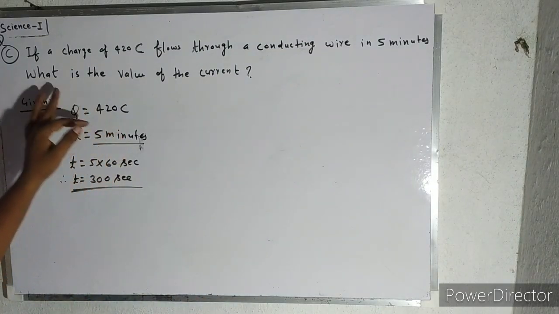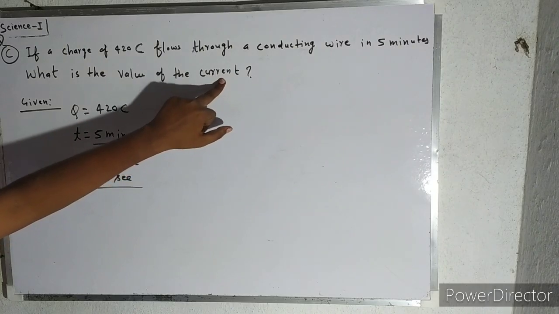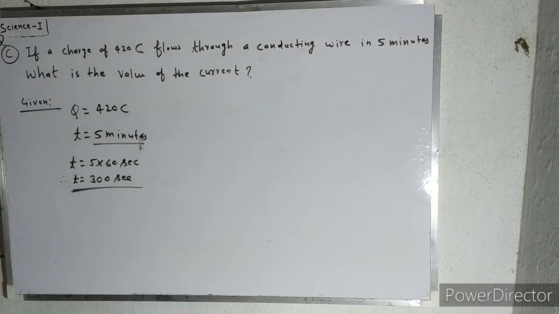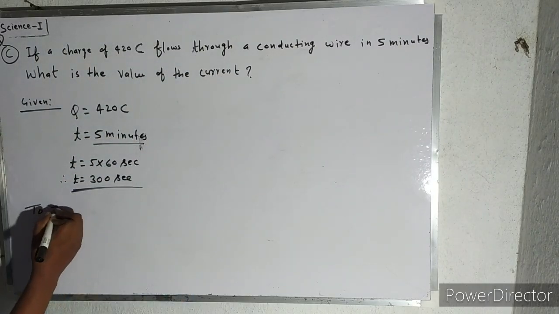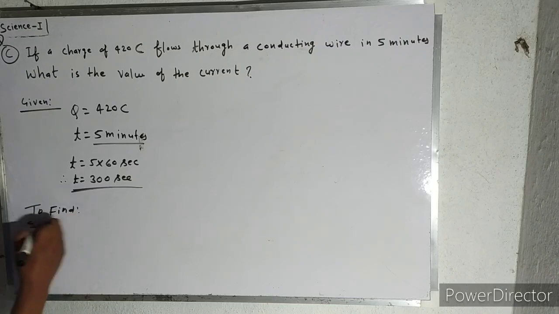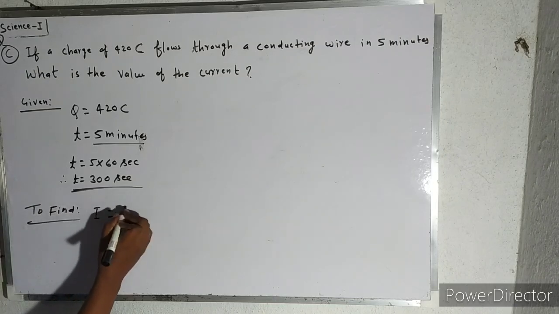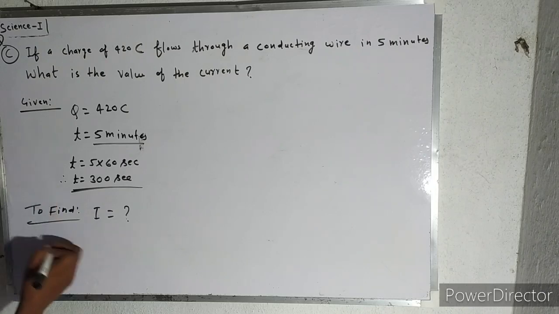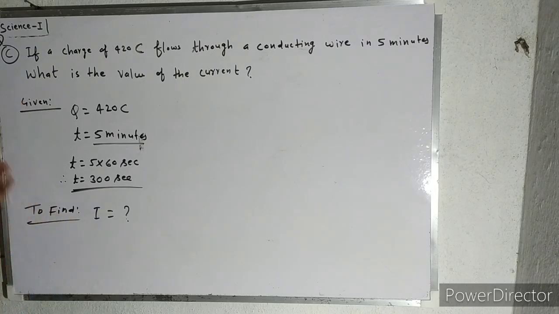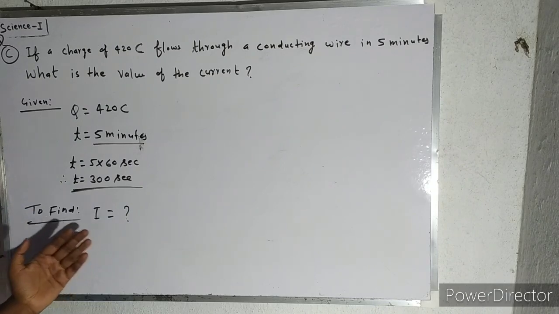What is the value of current? Current is represented by capital I. To find: current I is equal to question mark. This is the systematic way. First of all we write given, then to find, then formula used.